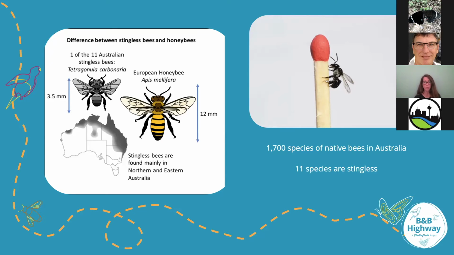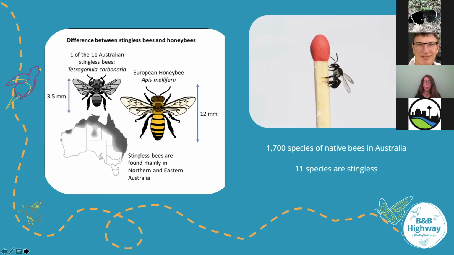So that's where the most common areas for the Tetragonula carbonaria is around Australia. We can also see here the size difference, as I mentioned. So the Tetragonula carbonaria is almost a quarter of the size of a European honeybee. And when you look at them in their coloring, they are clearly very different. And on the right-hand side there, you can see how tiny it is compared to the head of a match.